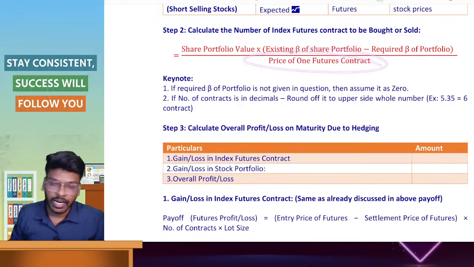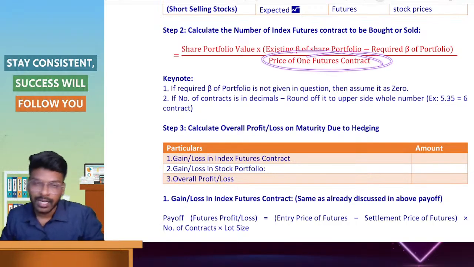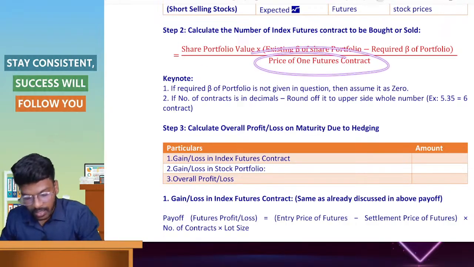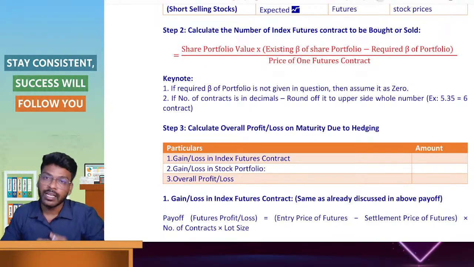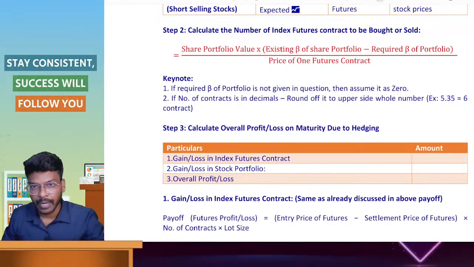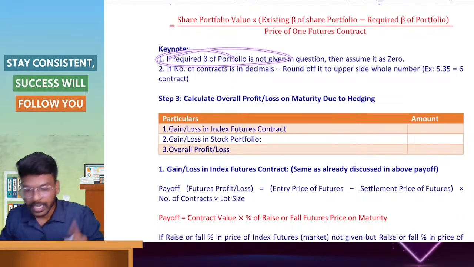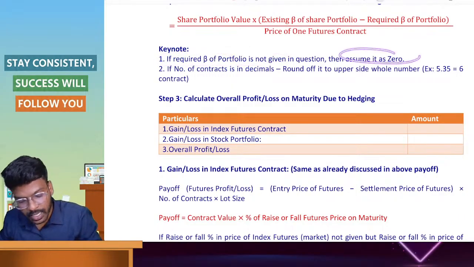Then divided by the price of one future contract. We have already learned how to compute the price of one future contract: the quoted price on maturity multiplied with lot size. Key note: if required beta is not given in the question, assume it as 0.